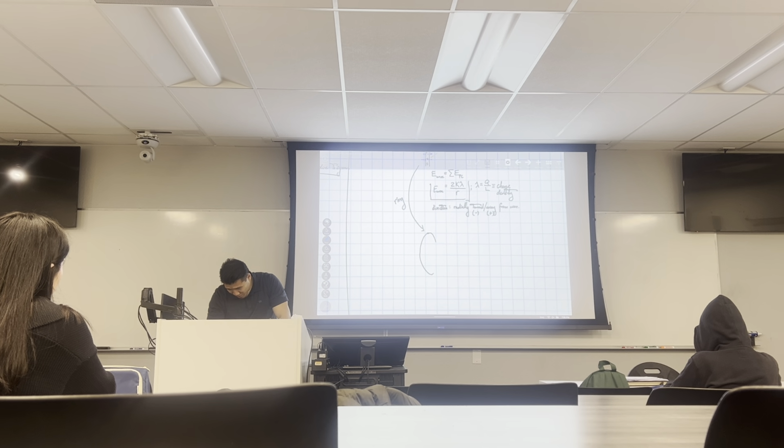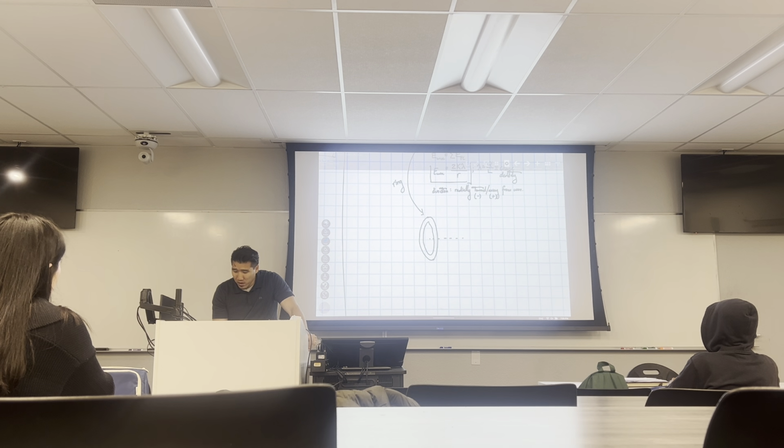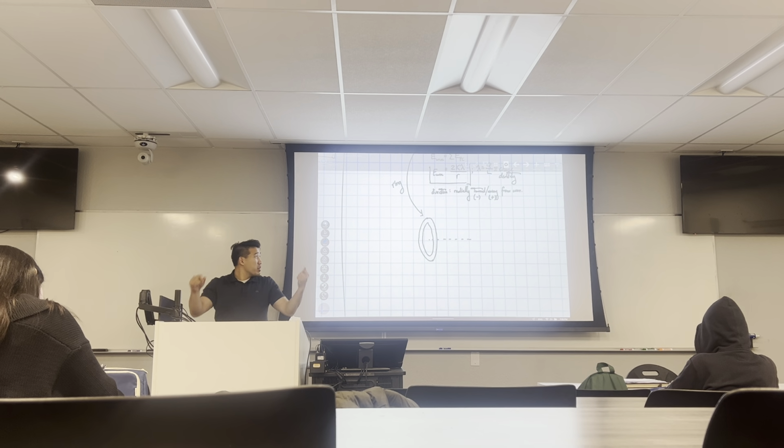So let's use kind of an angled point of view. So we take the wire and we forge a ring.